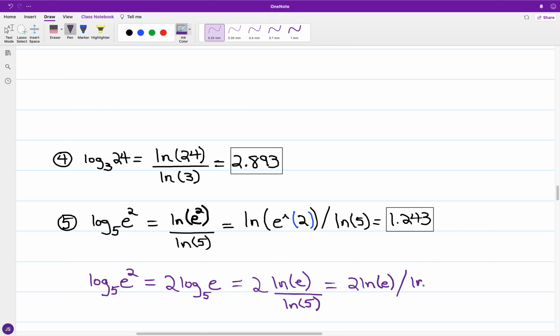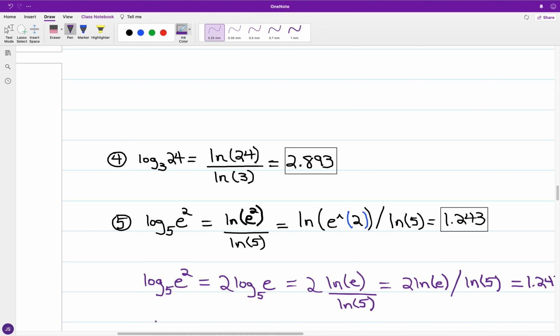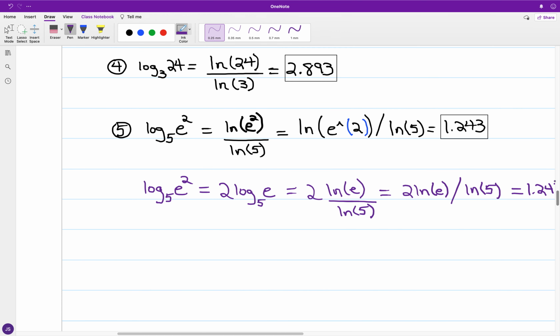Had you done it that way, you'll still get to the same result, still arriving at 1.243.